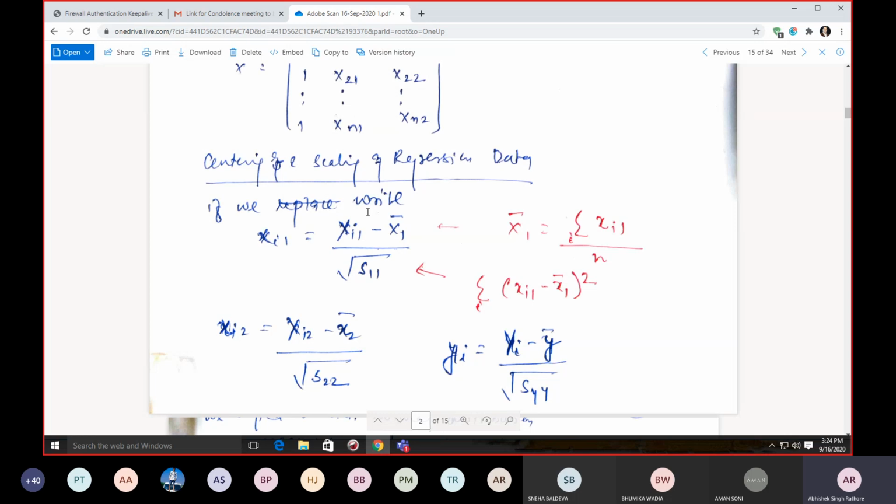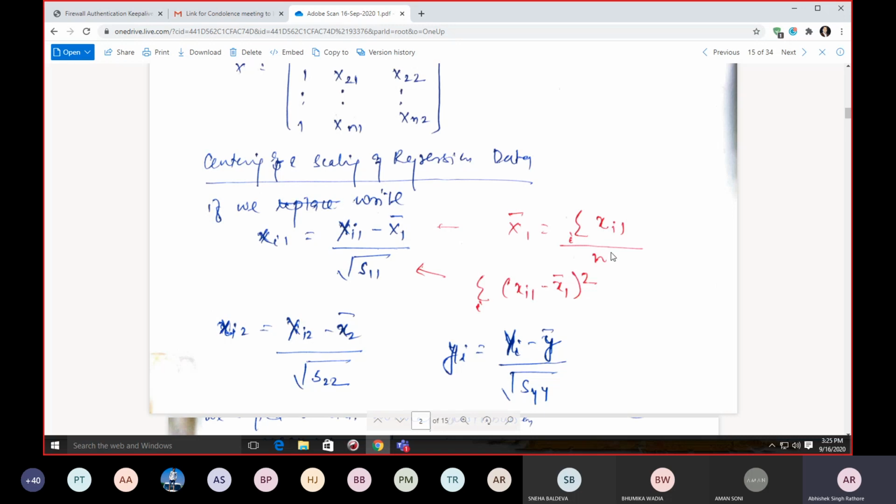This means that we are going for something similar to the central limit theorem: x_i minus the mean of x_i, where the mean of x1 is just x1 bar, divided by the square root of the variance. The variance is the sum of (x_i minus x1 bar) whole squared.